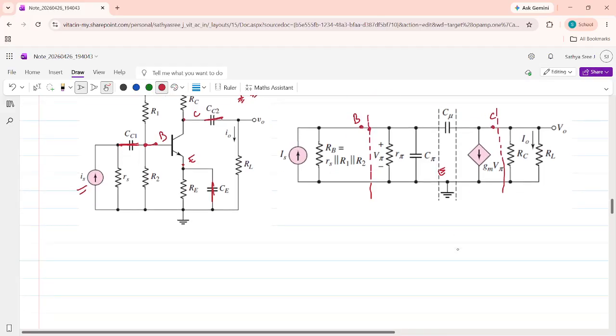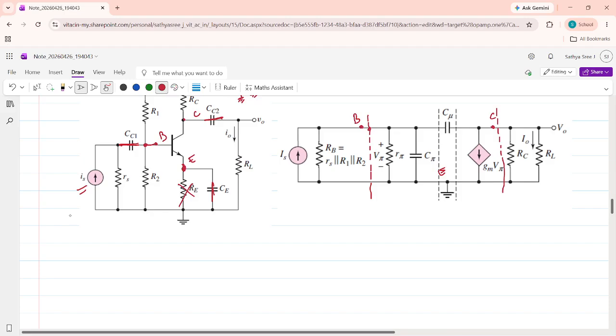What happened to CE? CE is a short. So you can remove RE because there is a short circuit across the capacitor. This resistor is of no use. So the emitter node is directly grounded. So this is the circuit.